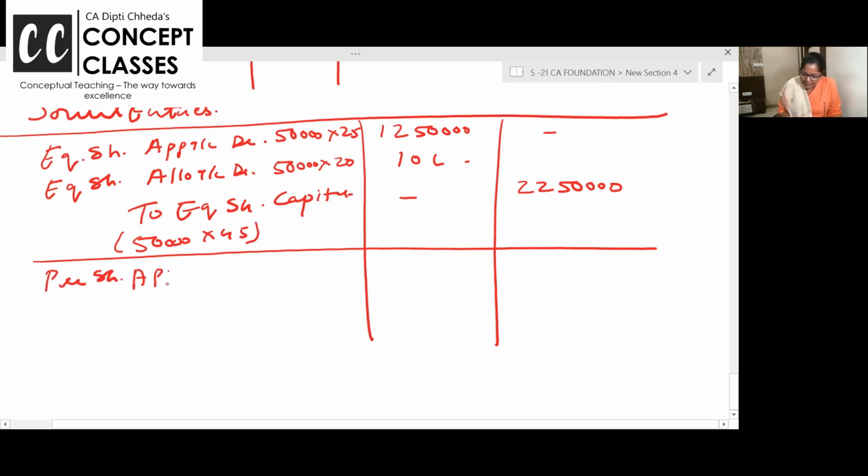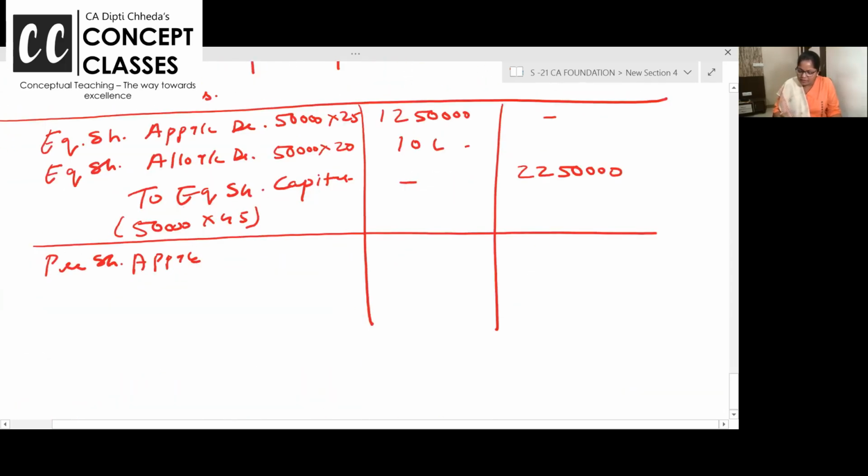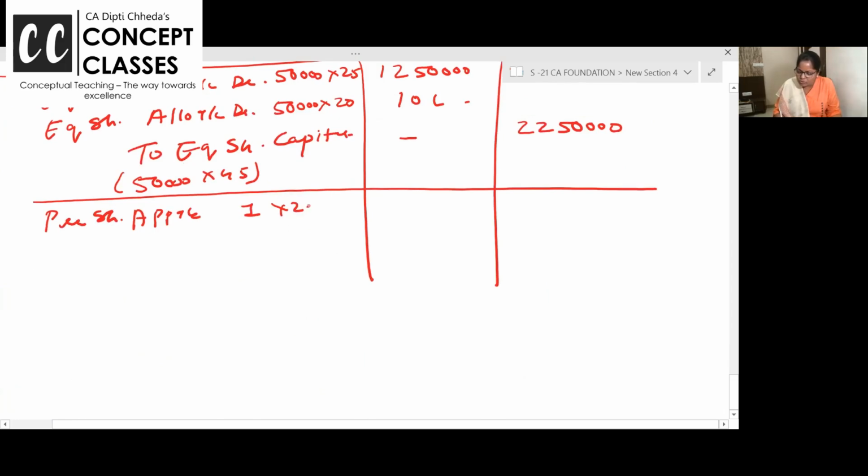Same we have to do for preference shares. Preference share application is received. Here it is. Bank mein aa gaya. 1 lakh shares into 20, 20 lakhs. Preference share allotment bhi due kar do. 1 lakh into 30 lakh.